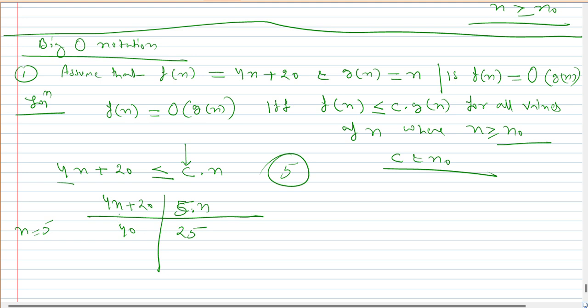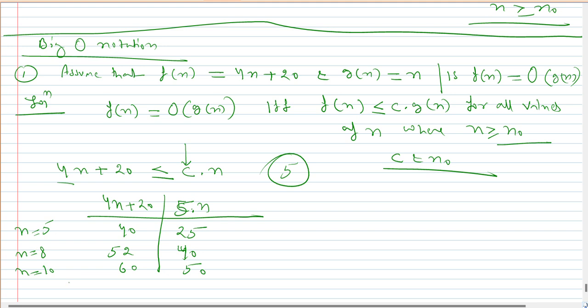Let's take n is equal to 8: 32 plus 20, 52, and 8 into 5, 40. For n is equal to 10, this becomes 40 plus 20, 60, and this becomes 50.